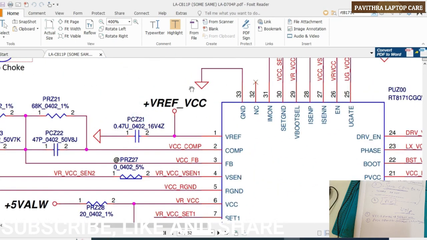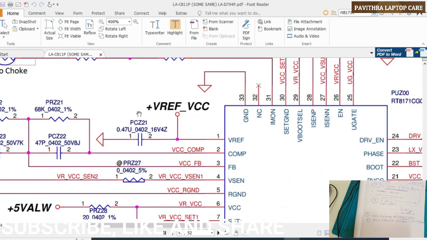See here, one more voltage is there, the reference voltage. That is also a most important voltage, VREF_VCC. This will usually be 0.6 volts.